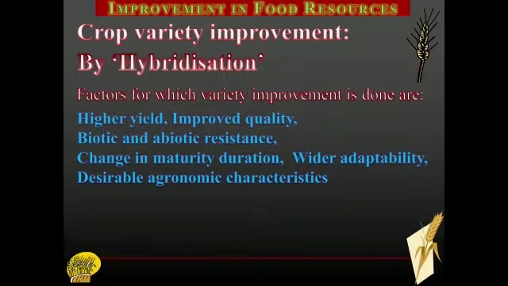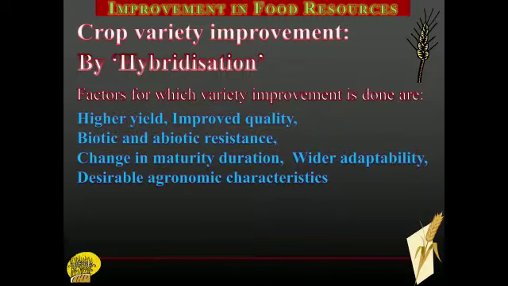Then we come to desirable agronomic characteristics or desirable agronomic traits. Then we see fruit trees like mango. In them we require profuse branching, as the more branching there is, the sweeter the mango will be.